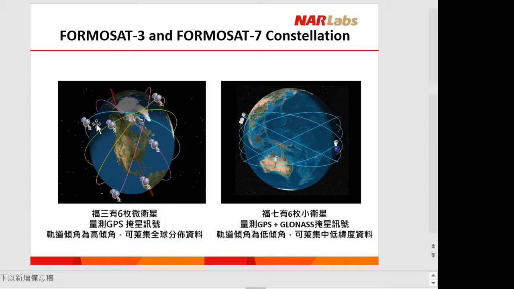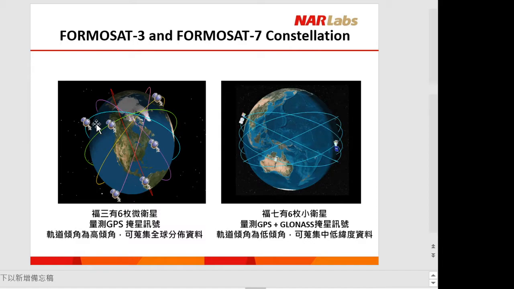This is the comparison between the Formosat-3 and Formosat-7 constellations. For Formosat-3, we have 6 microsatellites, and the payload instrument is capable of measuring GPS radio occultation signals. The orbital inclination is 72 degrees, so that it can collect data over the globe. Formosat-7 is bigger than Formosat-3.